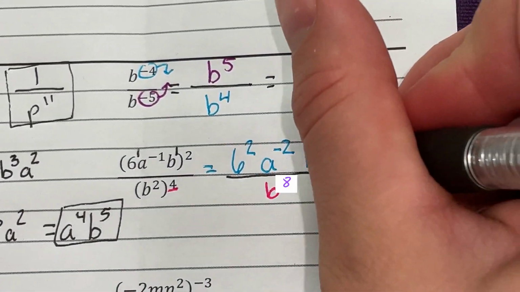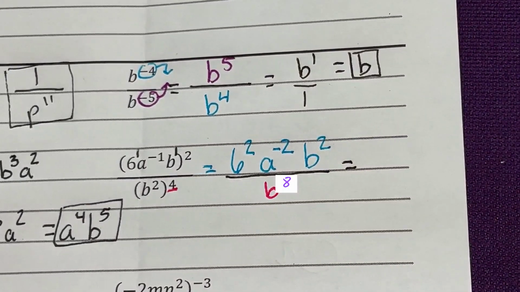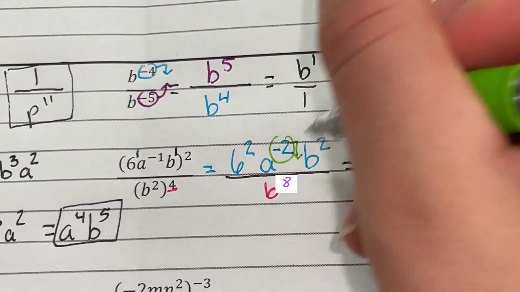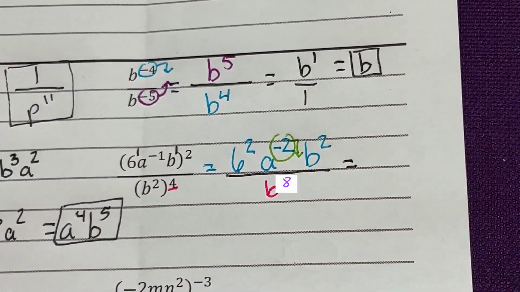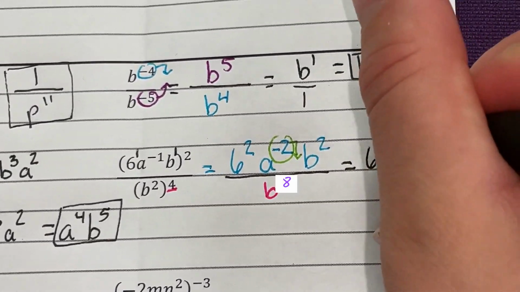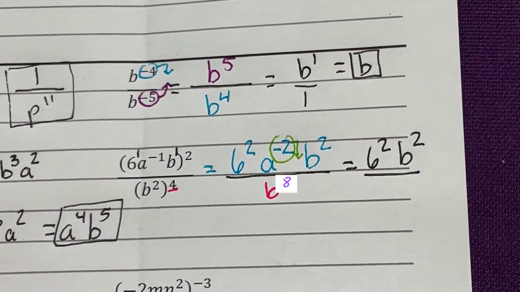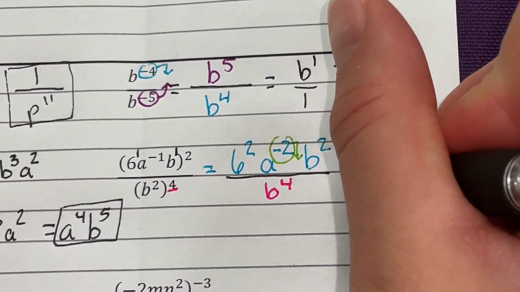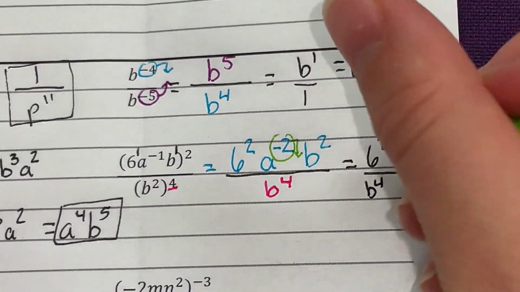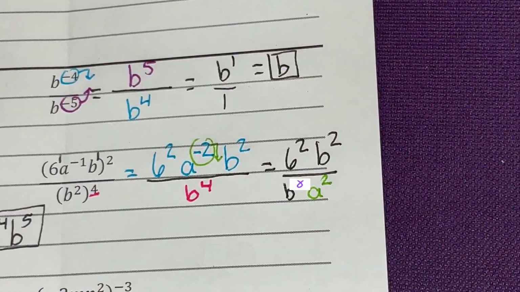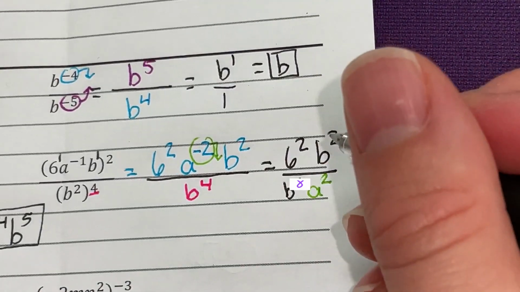All right, because of this negative exponent, I'm going to bring him down. So 6 squared stays up top, b squared stays up top. And now we have b to the fourth still there, but that a moved to the bottom and became positive. And now I just got some simplifying to do.